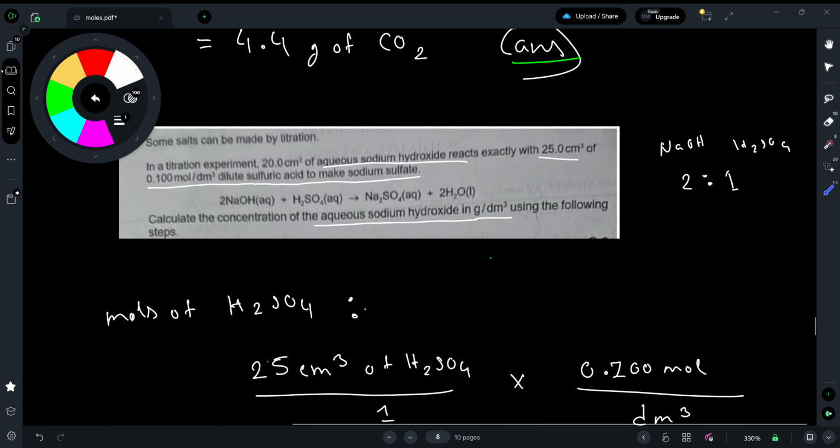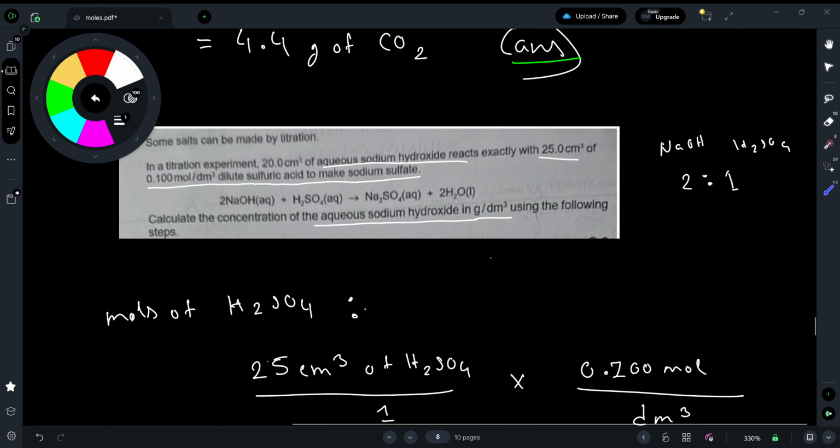And 20 centimeter cube to dm cube, to do that, you just divide this by 1000. So 20 divided by 1000, 0.02 dm cube, or liter. So this is our concentration, 0.2 grams of NaOH per 0.02 dm cube.